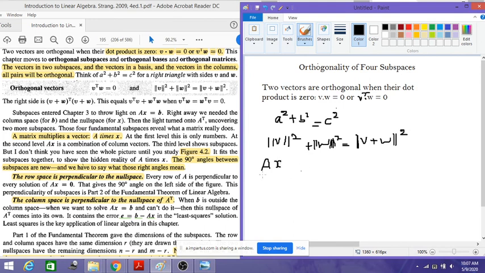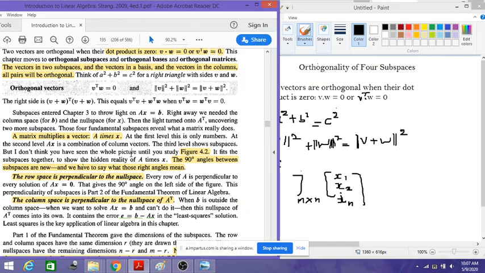The matrix A is an m cross n matrix, and it multiplies a vector x with components x1, x2, and so on up to xn. So A multiplies the vector, which gives A times x.